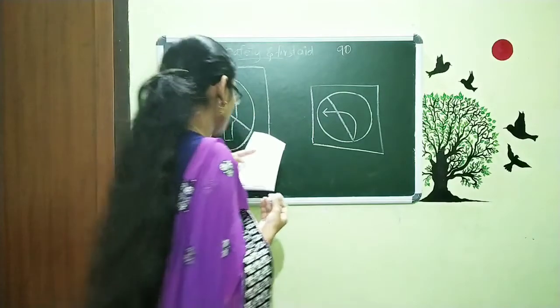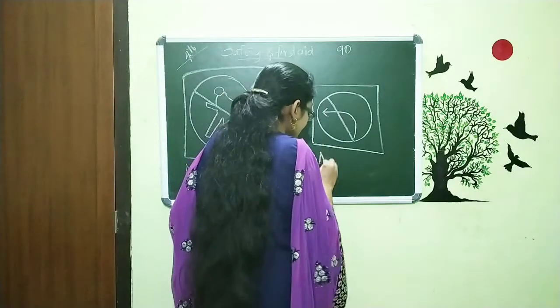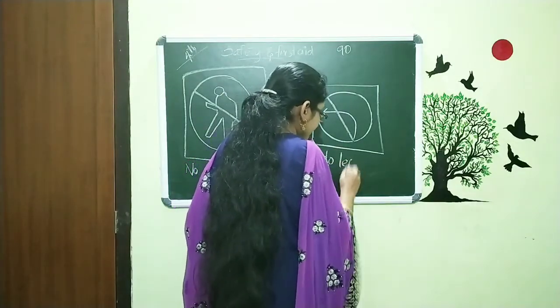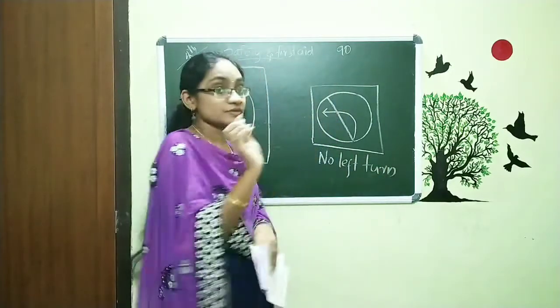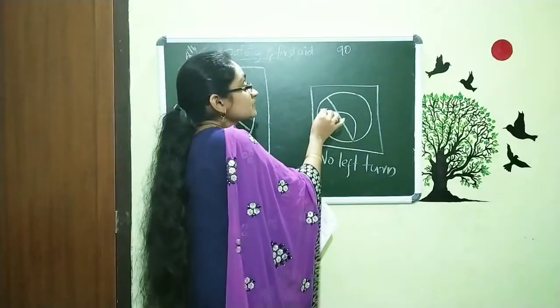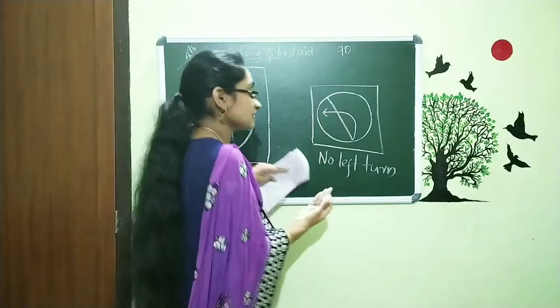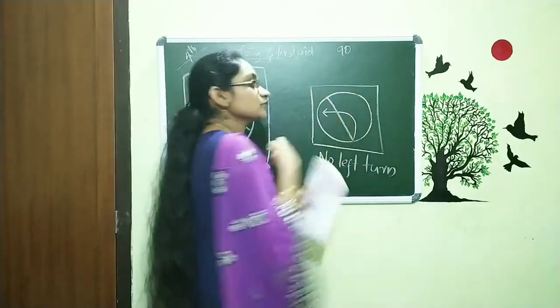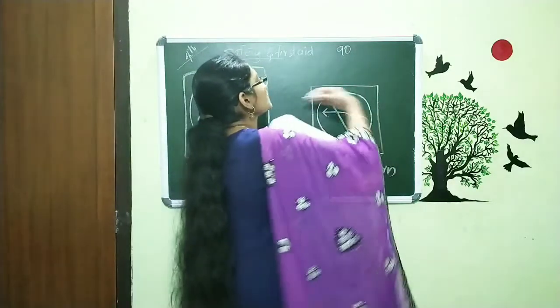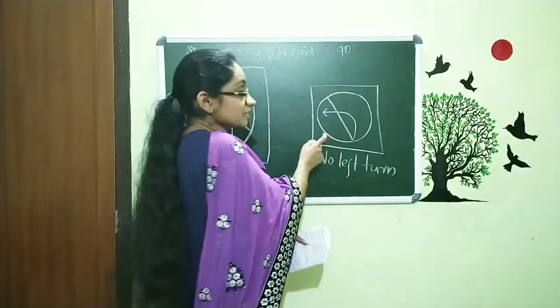This is no left turn. Here you can see one arrow pointed to the left side. That means the left turn. And here this means no. So no left turn is possible. That's the meaning of this symbol.